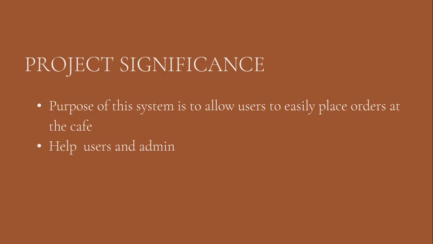It helps users because they can place their orders easily and make a reservation efficiently. It helps admin because admin can store all the data efficiently and review all the data that have been saved.